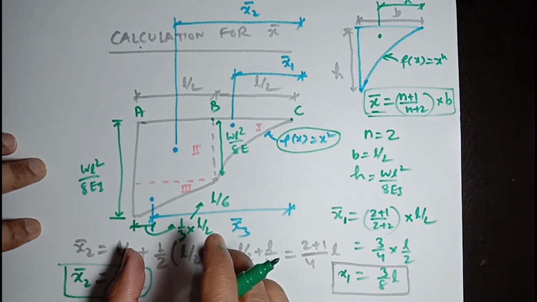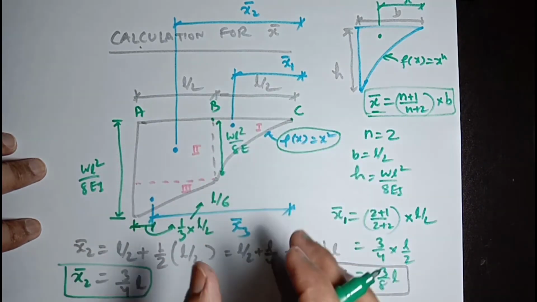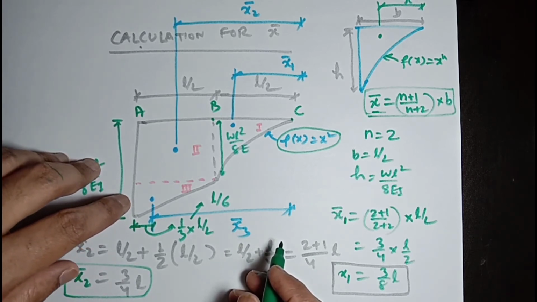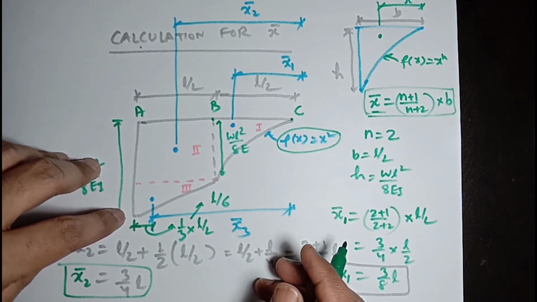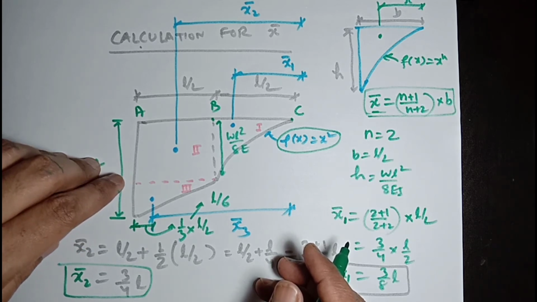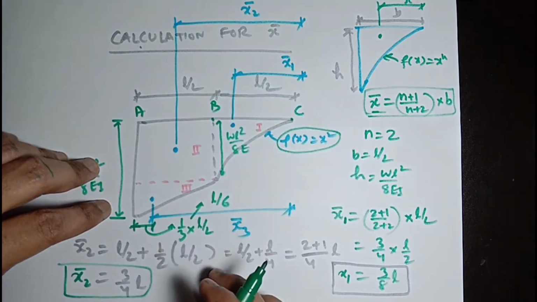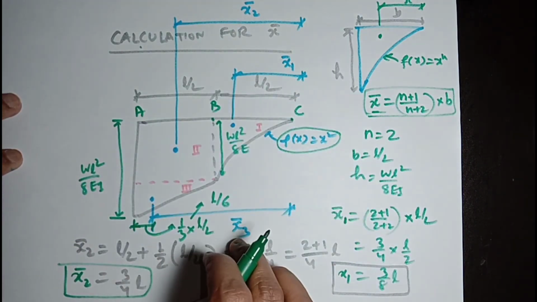So the total length from point C, L minus L by 6, will give x3 bar.